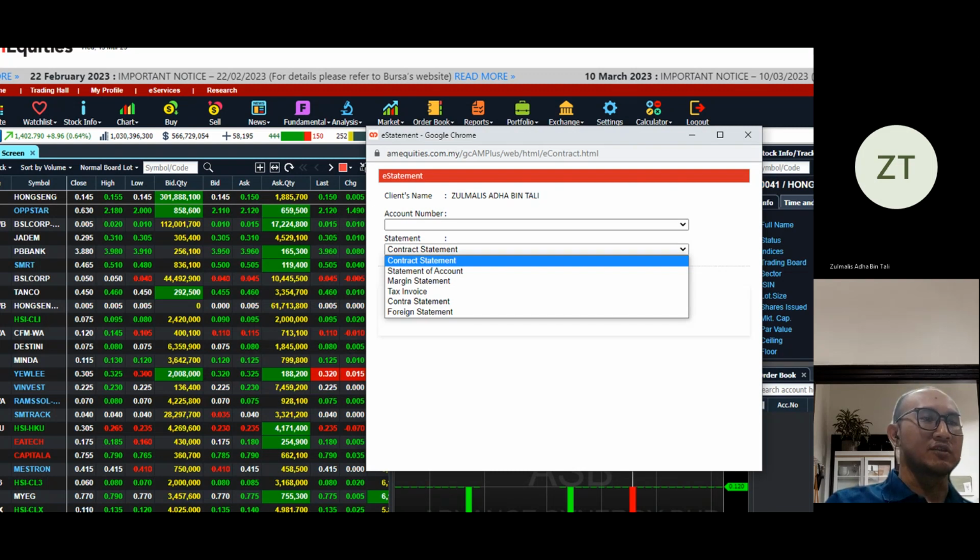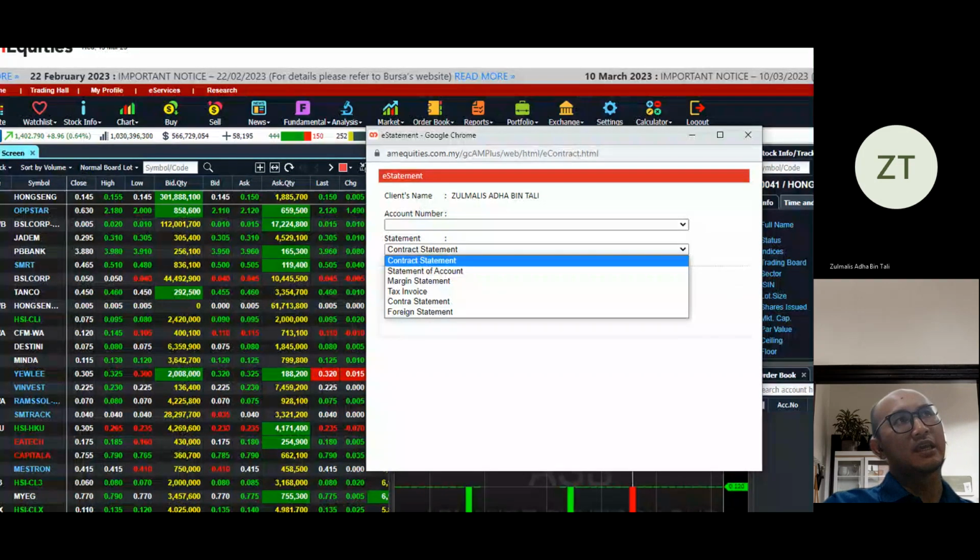Statement of account is the whole month's transactions. You can download it yourself here, and if you have a margin statement, you can also download it here. The latest one we added is the foreign statement. If you have purchased or sold US or Hong Kong stocks, you can download it yourself here.